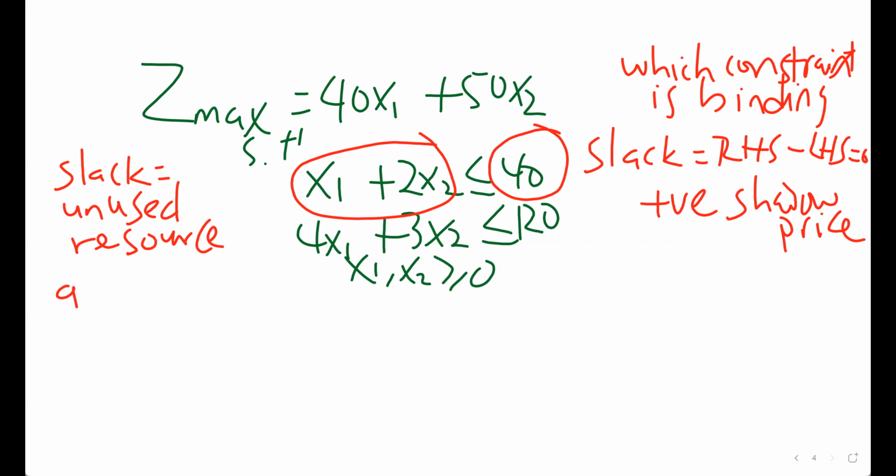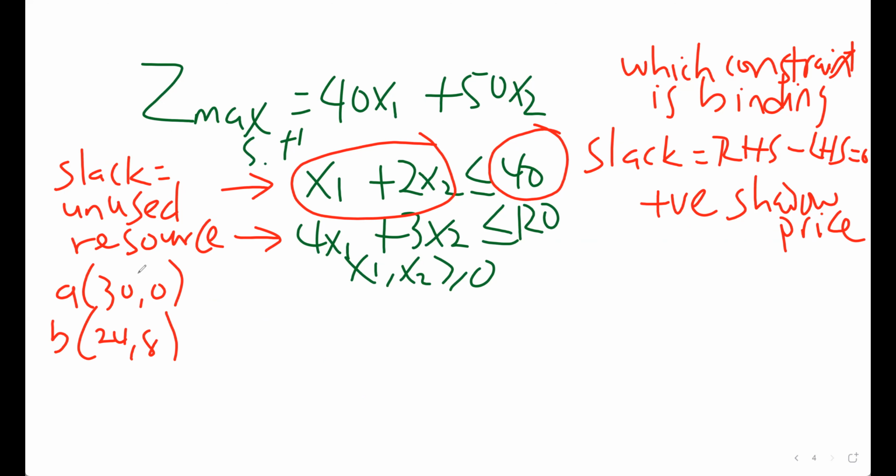And then we're going to take the coordinates of B. So A are 30 and 0, and then B are 24 and then 8. We are going to put them back into the two constraints, this labor constraint and this material constraint. And then when we put them in, we are going to check whether the left-hand side is equal to the right-hand side. If it is equal to the right-hand side, it means there is no slack.